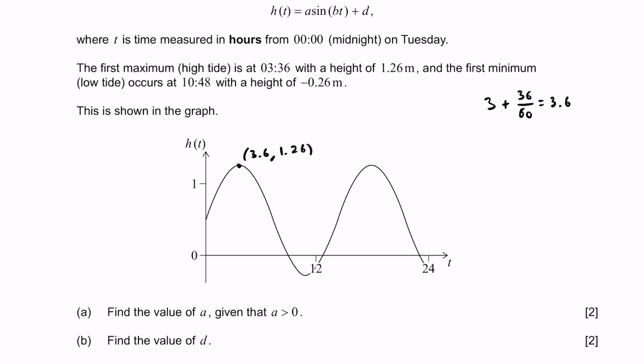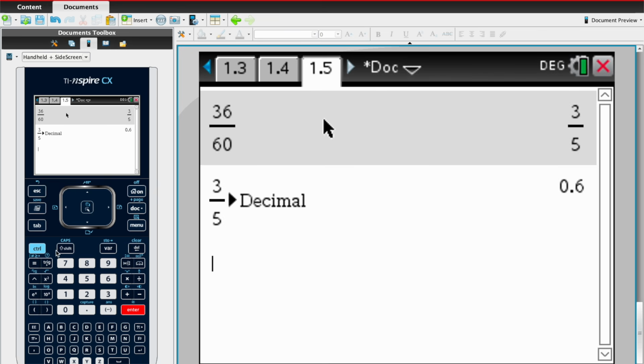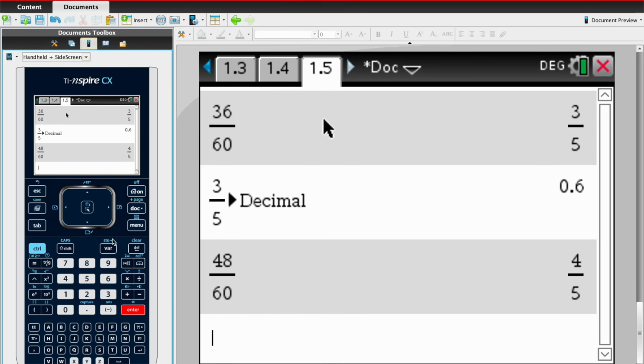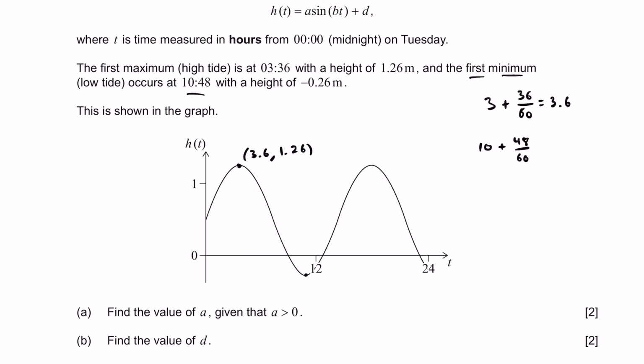And then we have the first minimum, which occurs at 10:48, and it has a height of negative 0.26. So 10 hours plus 48 minutes out of 60. Let's go to the calculator and work that out. So 48 out of 60, 48 is divisible by 12. So it should give us a nice number as well. 4/5 is 0.8, which we could find out as a decimal as well.